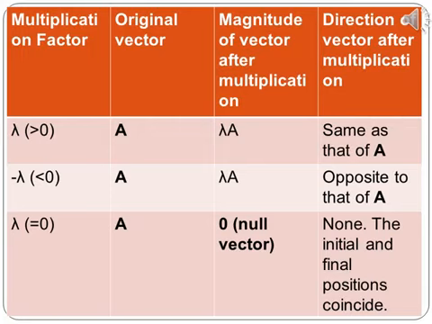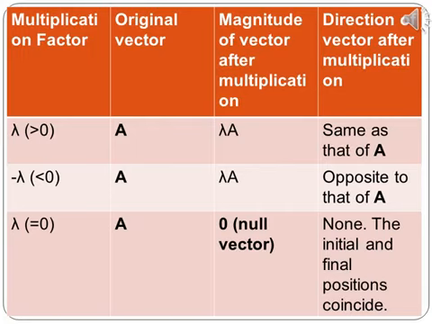In first case, if the multiplication factor is positive, that is, it is greater than 0, what should be the magnitude of the resultant vector? It will be lambda A. And what should be its direction? The direction of the resultant vector is same as that of vector A.